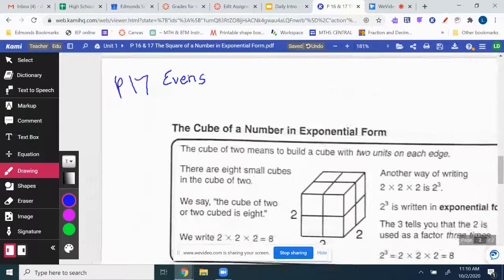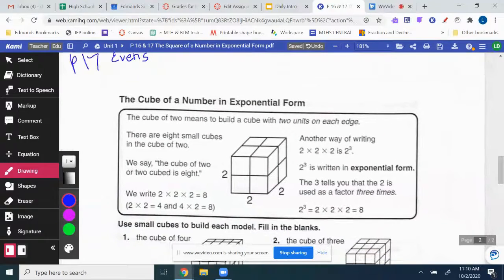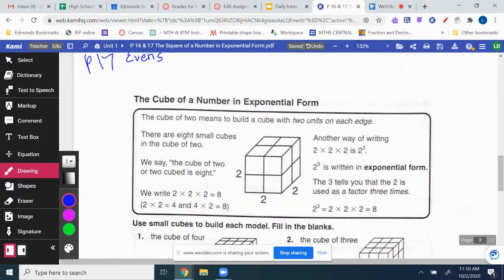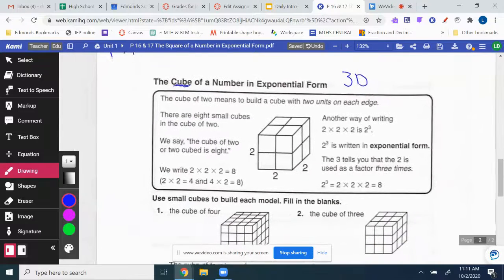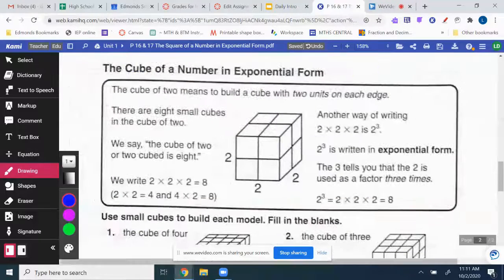So moving on to 17, we're doing the same concept, but this time we're doing cubed. So the cube of a number. And this is where 3D comes into effect because we're using 3-dimensional. So they're saying in this, the cube of 2 means to build a cube with 2 units on each edge. 1, 2, 1, 2, 1, 2.